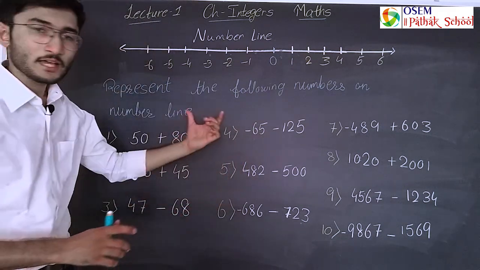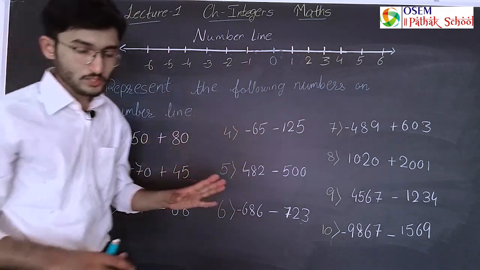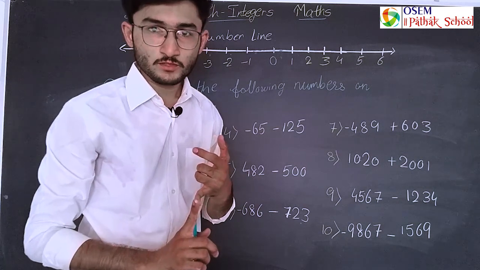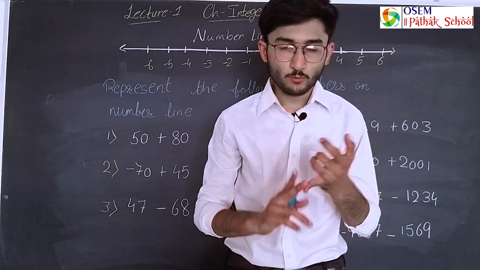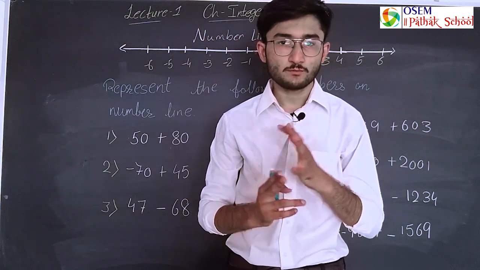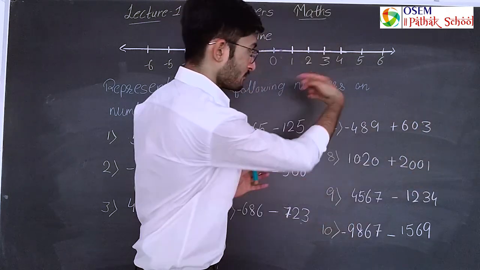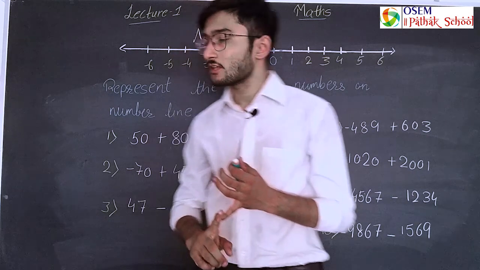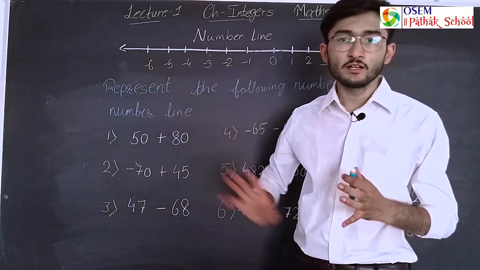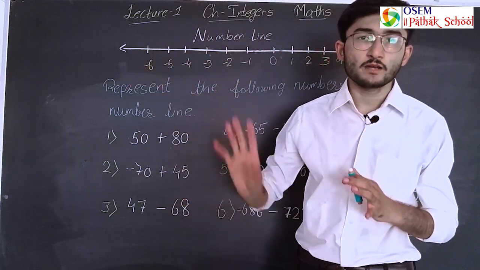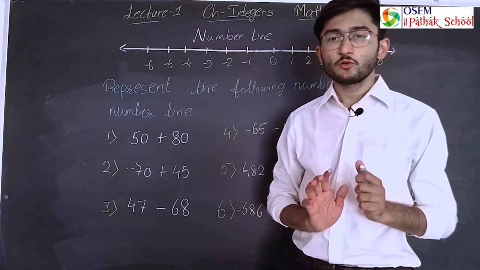So for each and every sum, first of all you have to find the value. Whatever answer you get, if it is positive, it will be on the right side, and if it is negative, it will come on the left side of the 0 on the number line. So you have to do it accordingly.